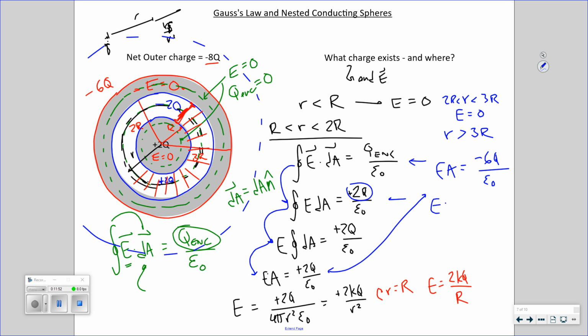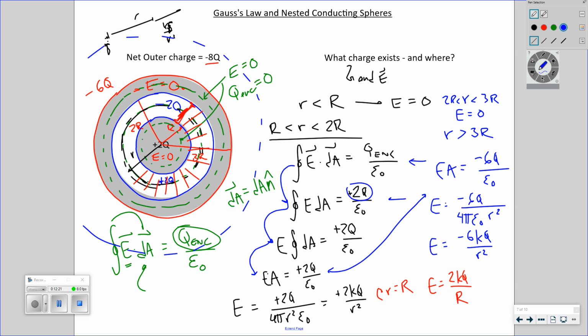Or E is negative 6Q over 4 pi, watch this, instead of 4 pi r squared epsilon naught, 4 pi epsilon naught r squared. So this is negative 6kQ over r squared.